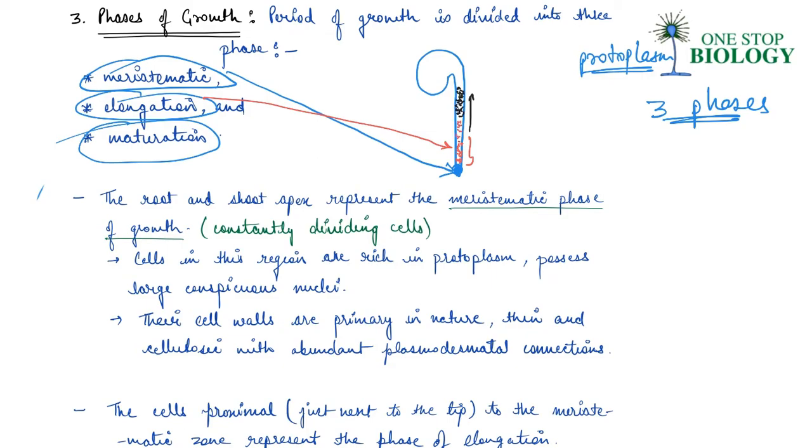And this region is the phase of maturation. This is known as the phase of maturation. The cells of this zone attain their maximal size in terms of wall thickening and protoplasmic modification.